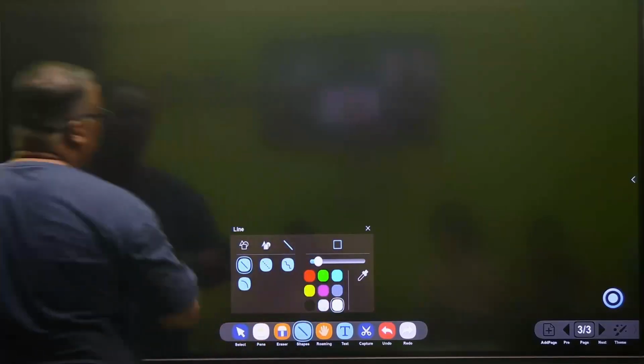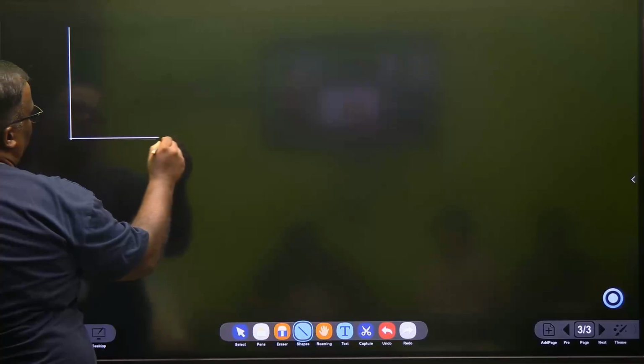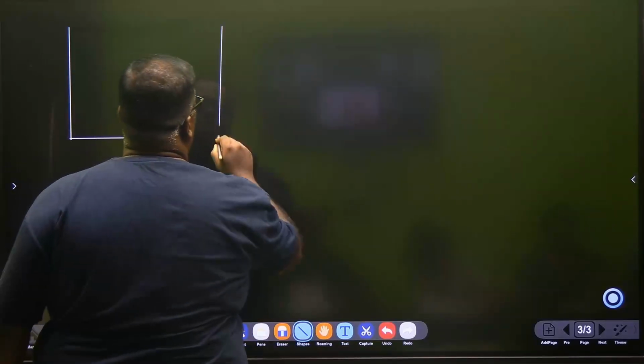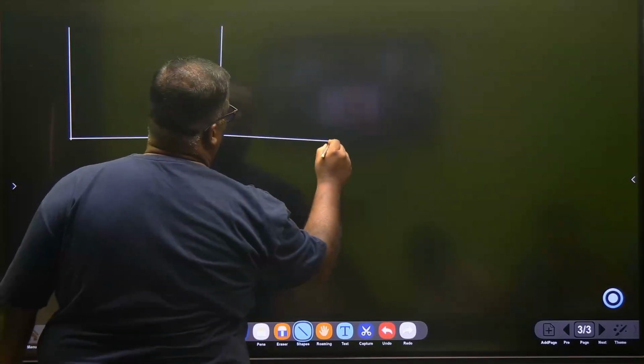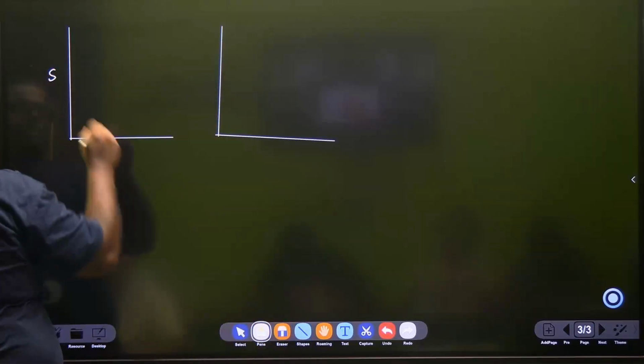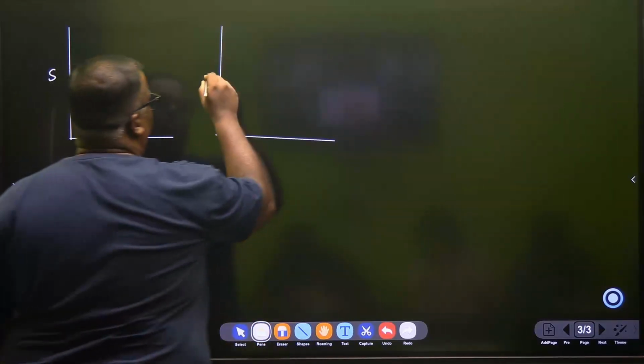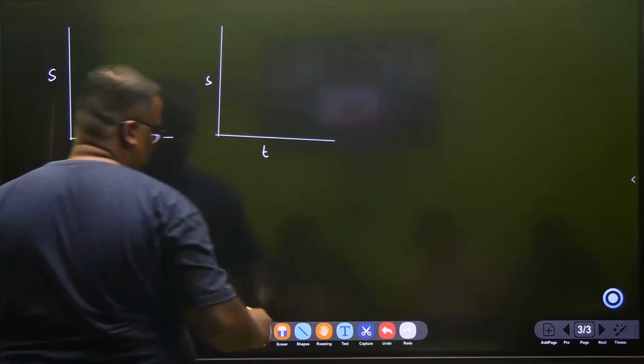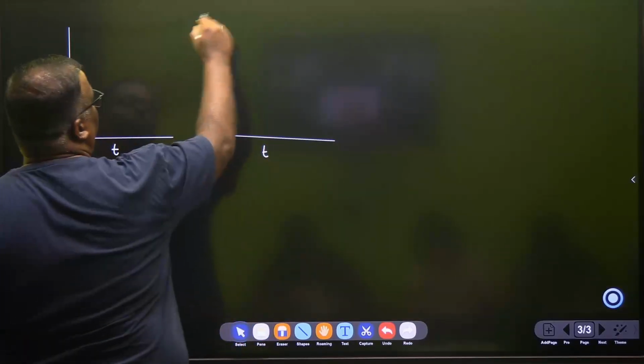Okay, aa jao. So let us draw one graph. We are trying to plot a graph, this is a ST graph, children.